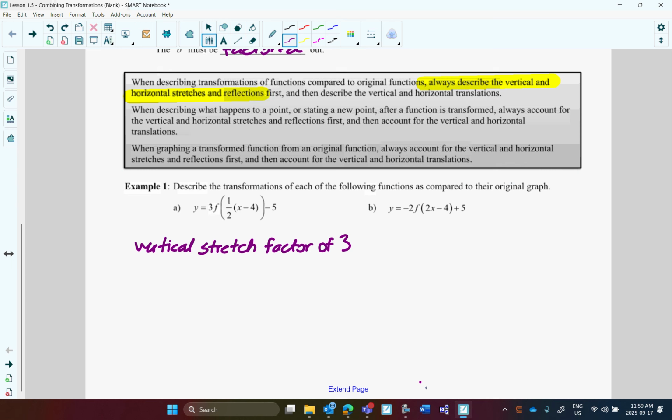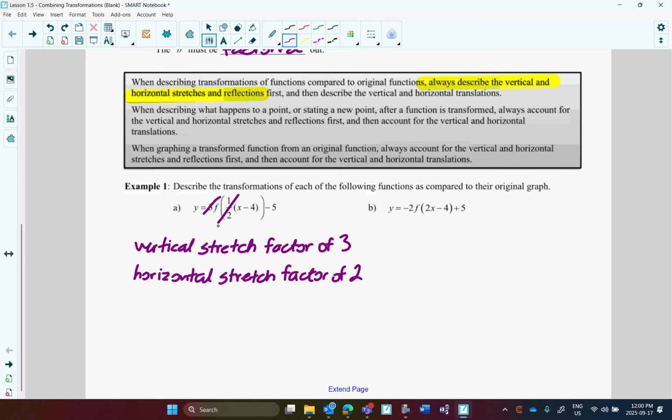Good. Horizontal stretch by a factor of, remember everything inside acts a little funky. Flip. Horizontal stretch, factor of 2. You can't say horizontal stretch by 2. That is insufficient. You need the phrase factor of. Okay, so we've dealt with this and this.